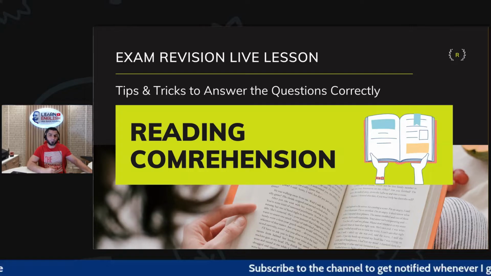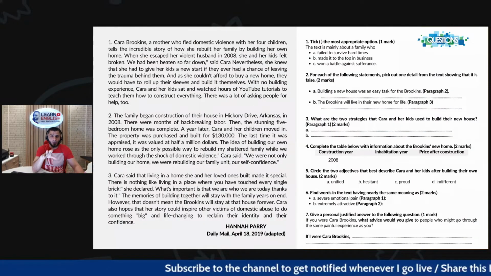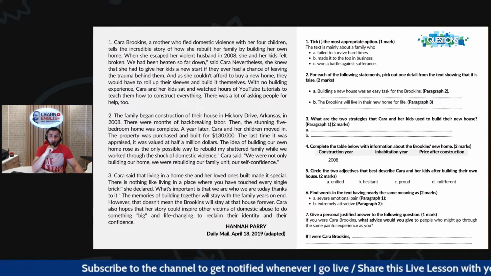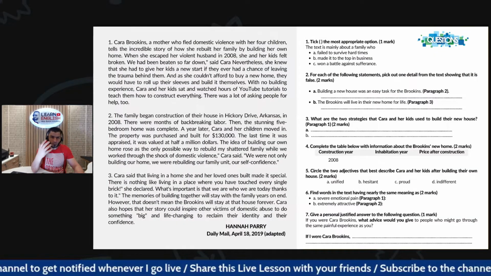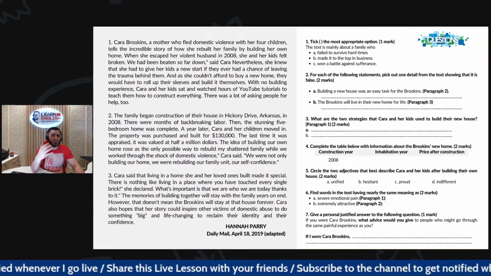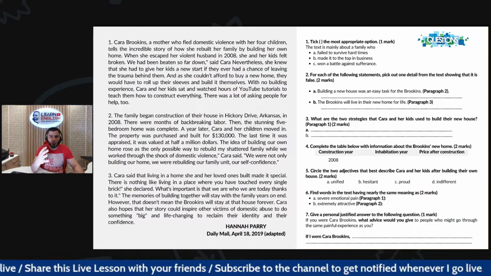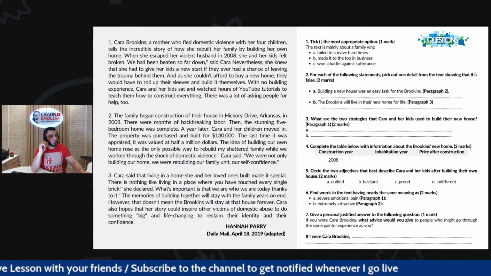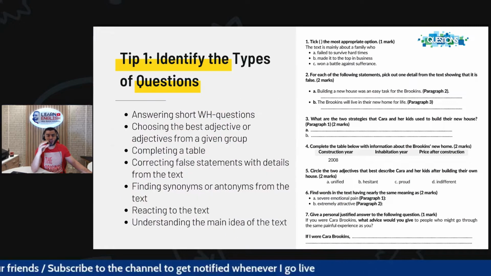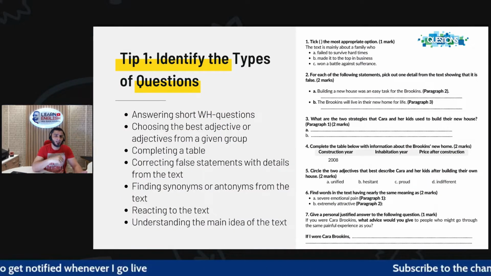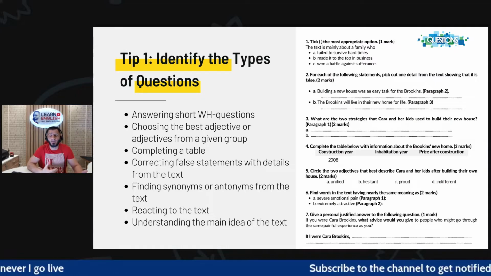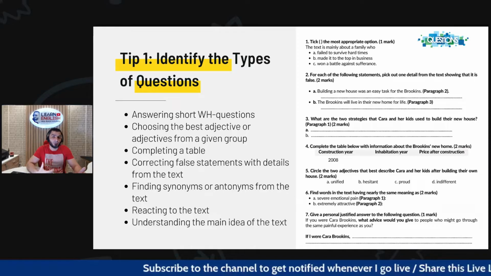So to do that, I have chosen this 2020 exam, and we are going to see how to answer these questions in a good way. Before starting with the questions, the first tip that I would like you to follow when you have a reading comprehension question or exam is to identify the types of questions.